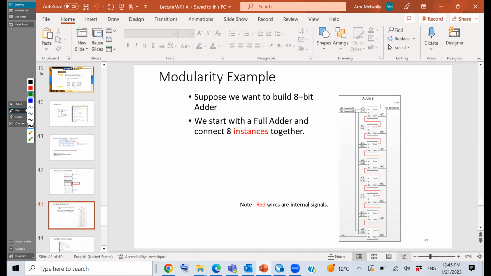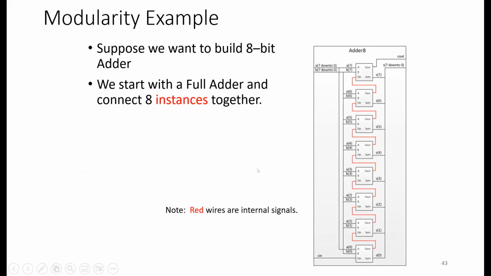This is the structure of my program. What will be my output and input? My input A is 8-bit going to this 8 full adder. My other input is B, again 8 inputs going to those 8.